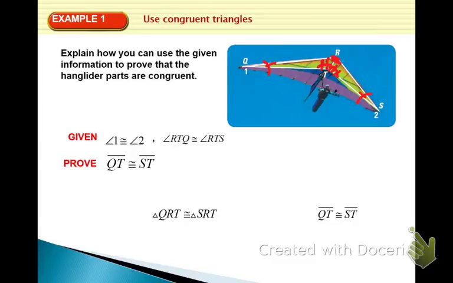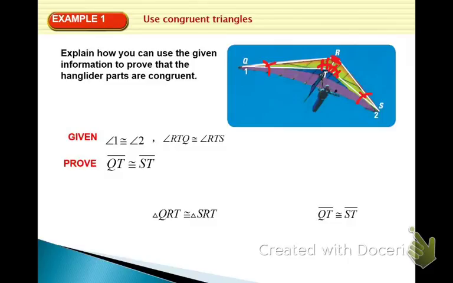Now, which shortcut can I use to say the triangles are congruent? Well, start at one of the congruent parts. We'll start at this angle down here at Q. Let's go counterclockwise. Q, skip a side. Angle. So I've got 2 angles next to each other, right? Angle, angle. And then I've got the side.